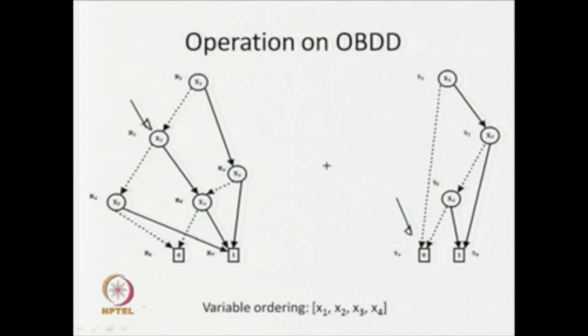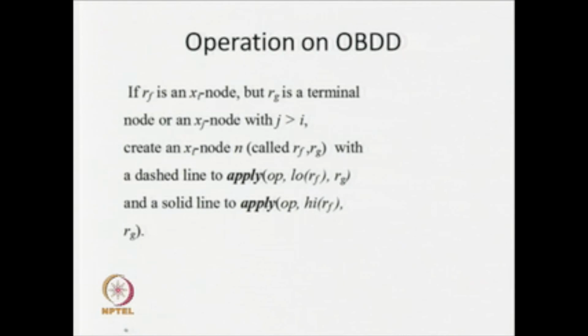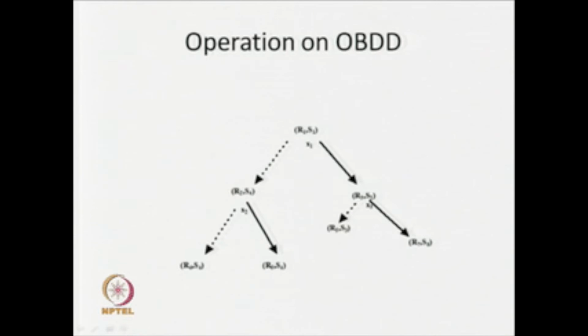We are going to apply the rule we already discussed: low of RF RG, high of RF RG. So, from R2 S4, we get R4 S4 and R5 S4.